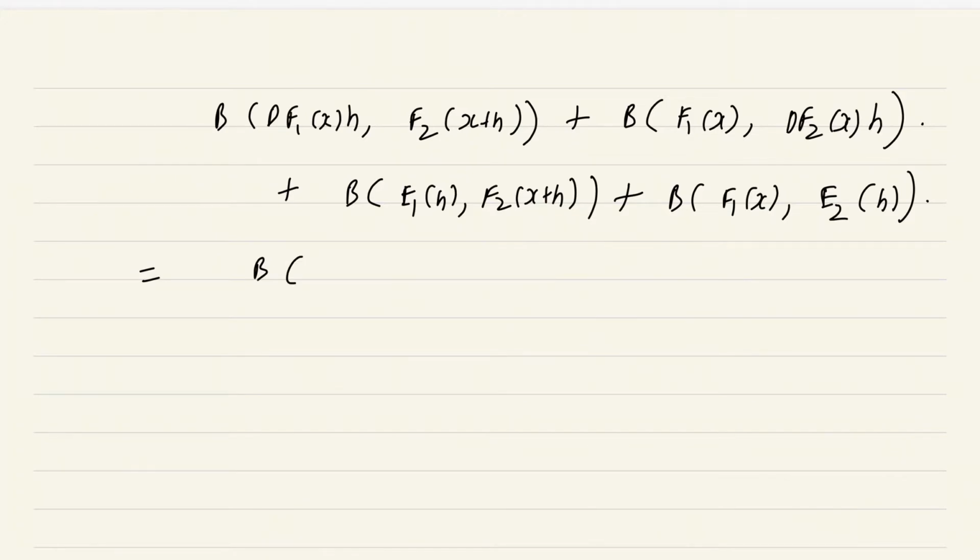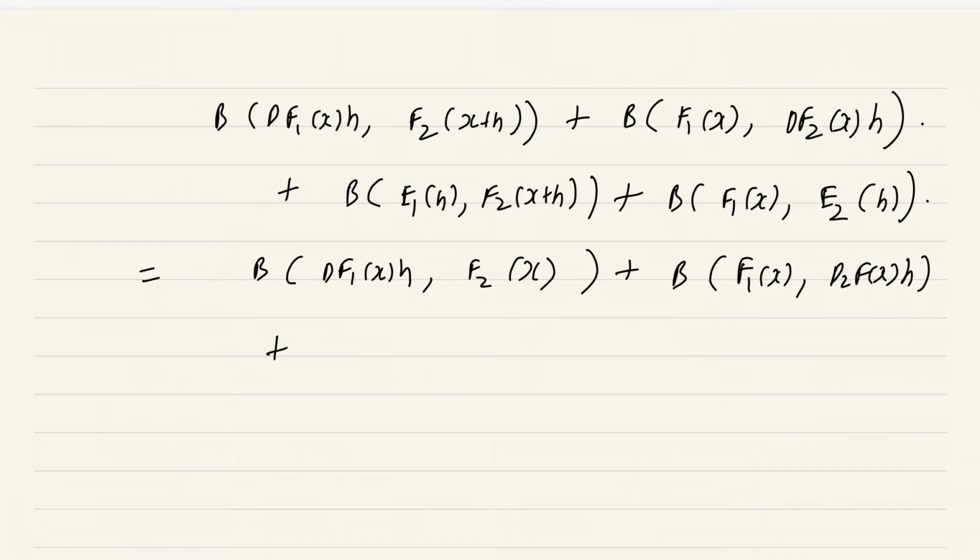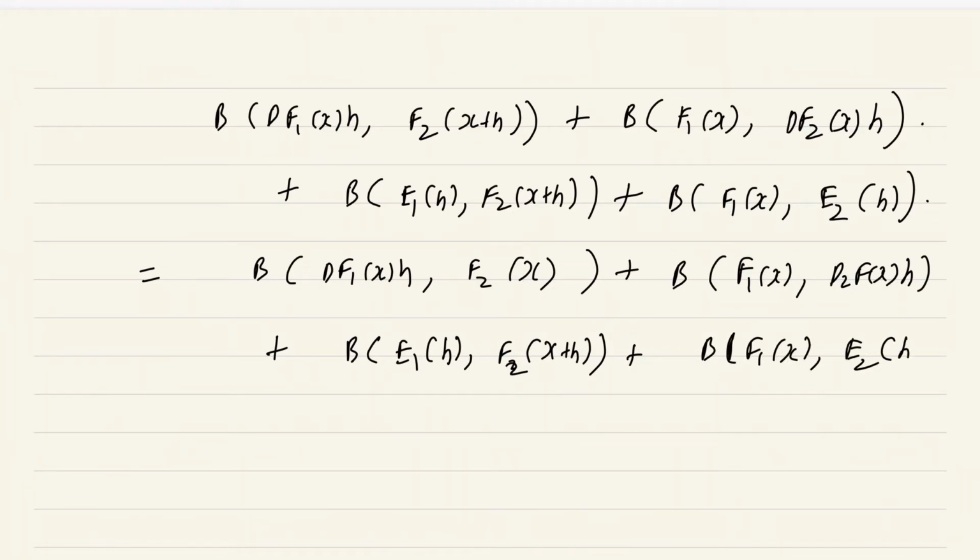You can check that this is nothing but b of (df1(x)h, f2(x+h)) - f2(x), plus b of (f1(x), d f2(x)h) plus b of (e1(h), f2(x+h)) plus b of (f1(x), e2(h)) minus b of (df1(x)h, f2(x+h) - f2(x)).